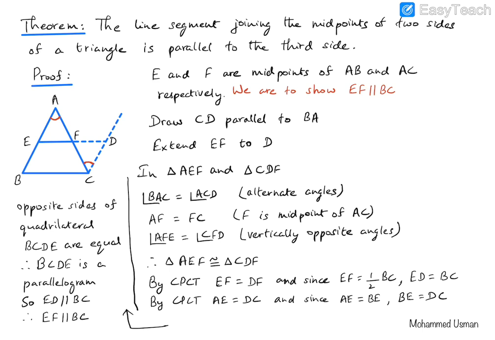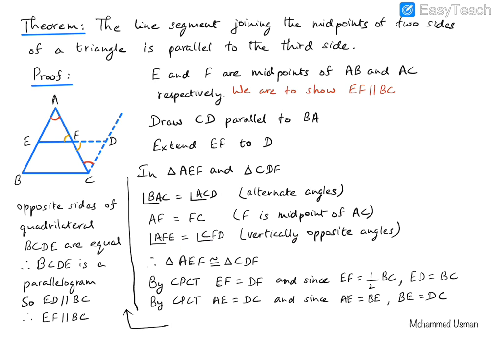Let me mark that with a different color. So AFE is this angle over here, and that is equal to the angle CFD, because these are vertically opposite angles for the lines AC and ED intersecting each other. Vertically opposite angles are equal, so AFE is equal to CFD.